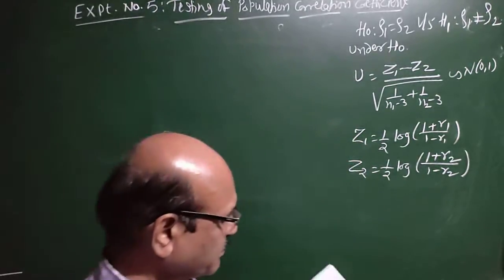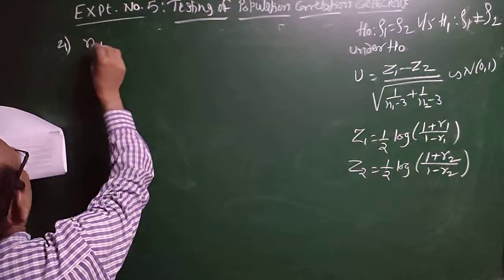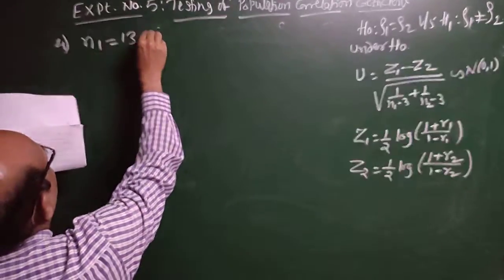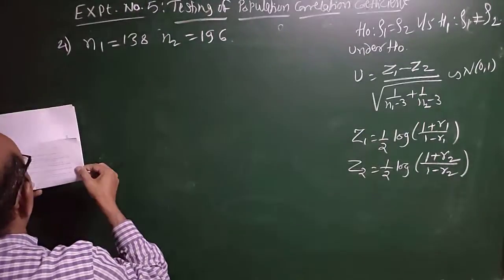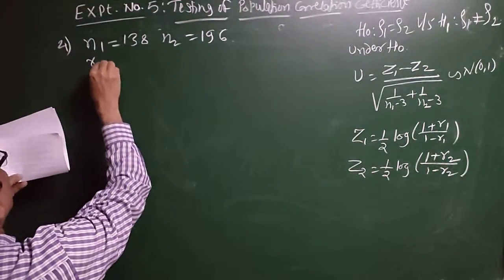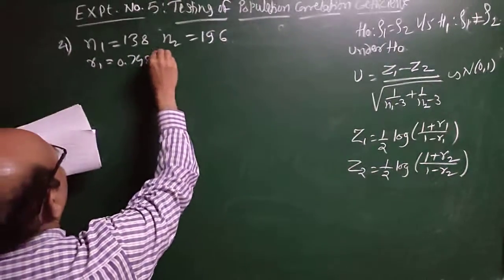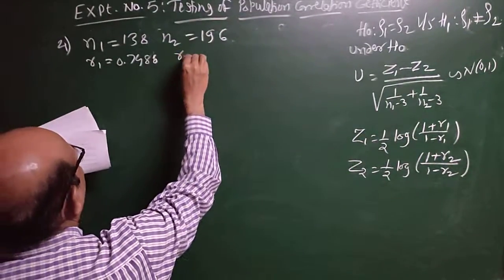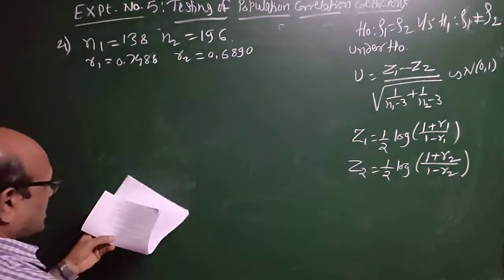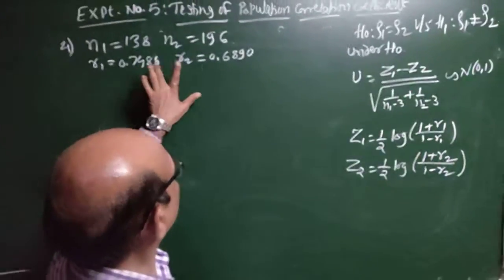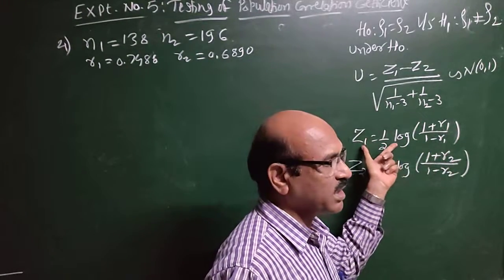Two different samples of sizes N1 equal to 138 and N2 equal to 196 in question number 4. Corresponding correlations, that is R1 equal to 0.7486 and R2 equal to 0.6890. So these are the R1, R2. Now substitute R1 here and R2 here and get the values of Z1 and Z2.